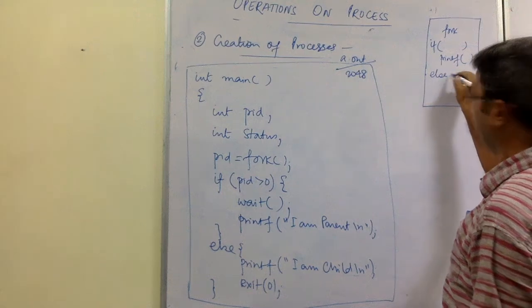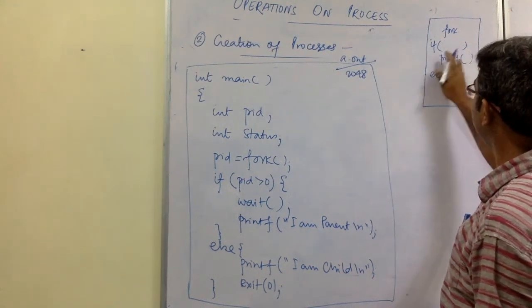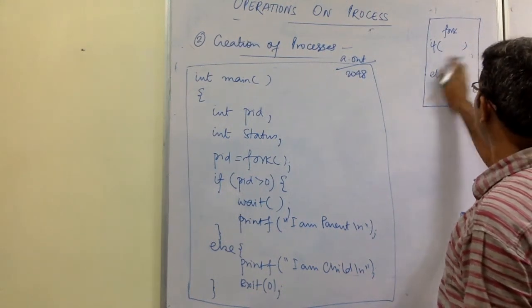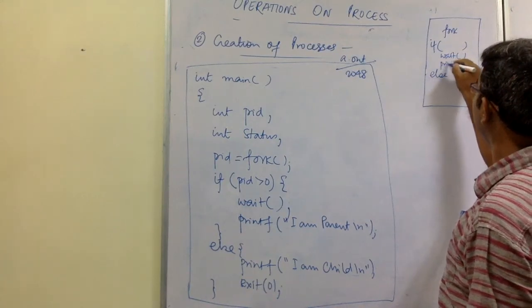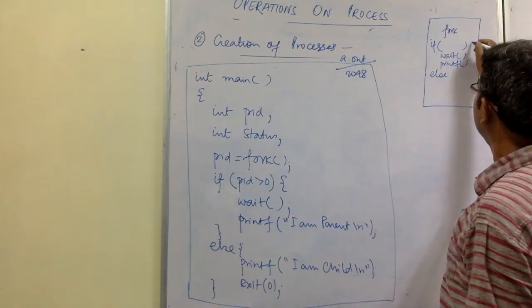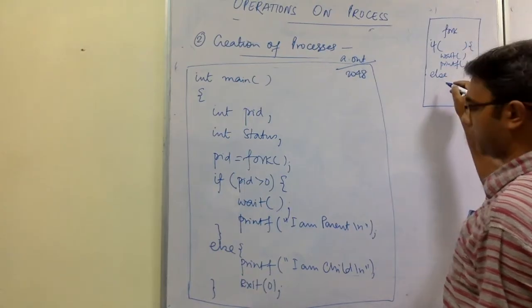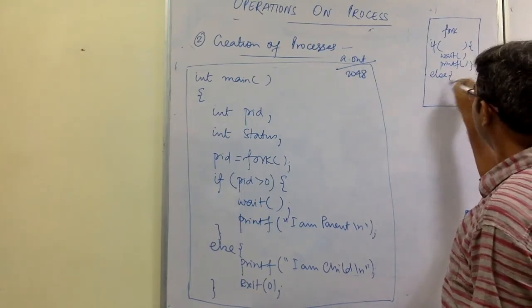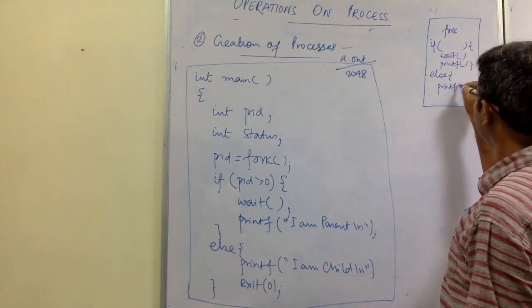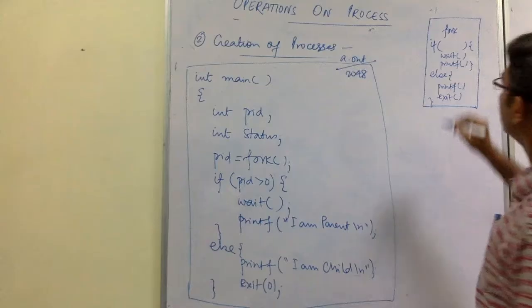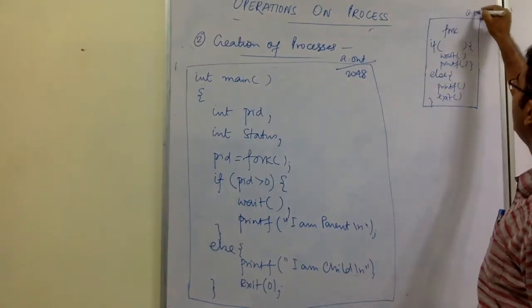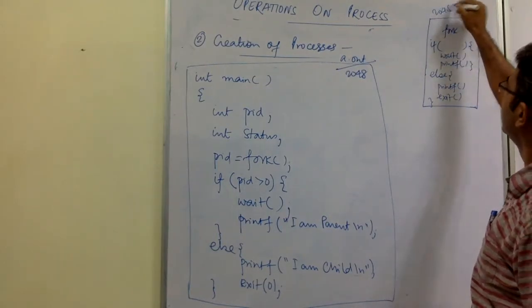Within the if block we have a system call called wait, then a printf statement, and in the else block again a printf, and we have an exec. So this is your a.out, or 2048.